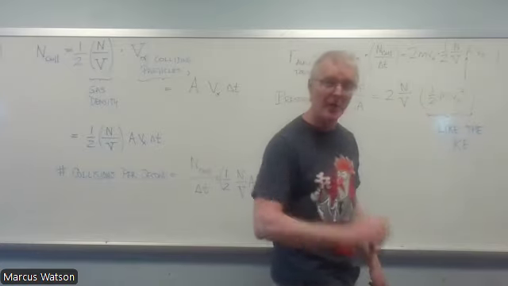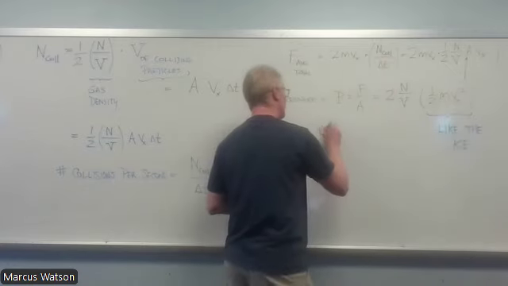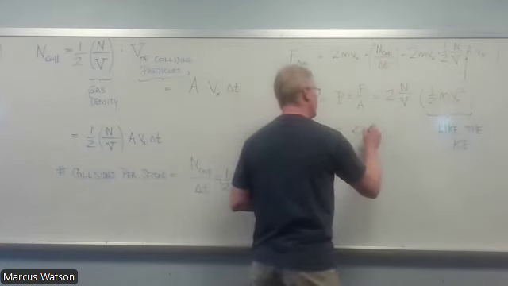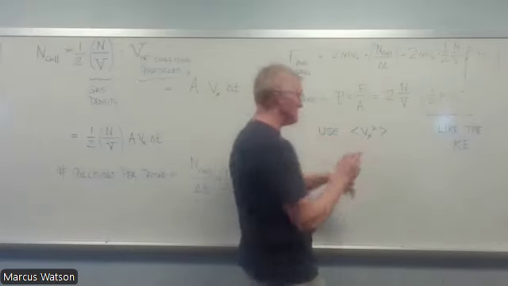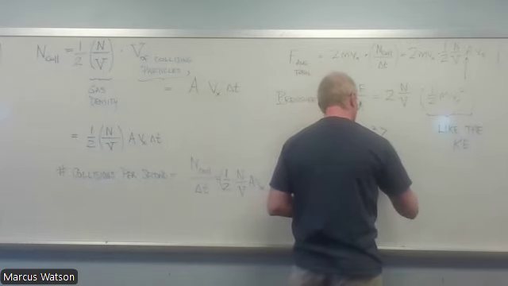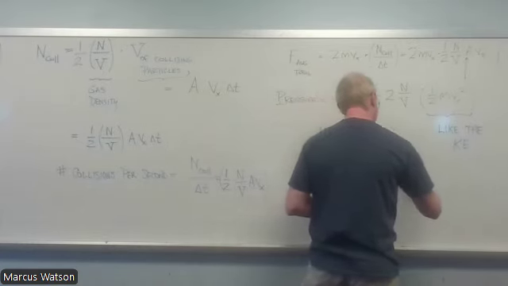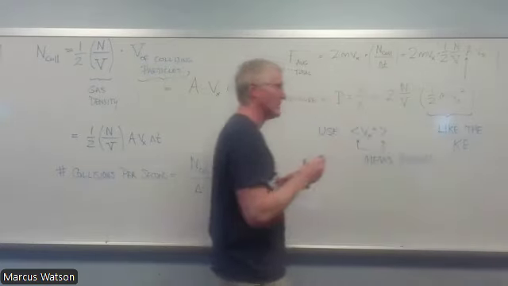I should be taking the square of Vx and saying the average of that thing. So what we need to use is Vx squared, and these brackets mean average.